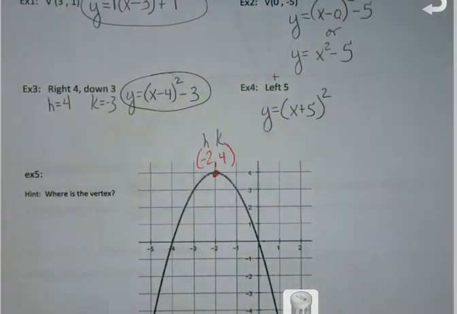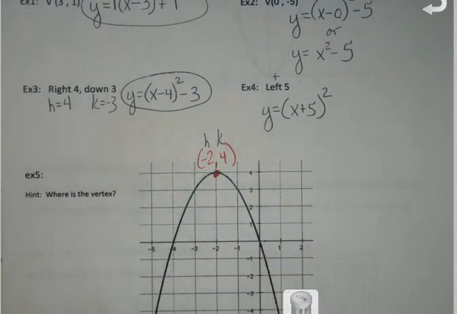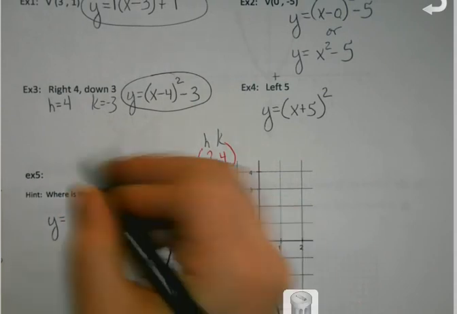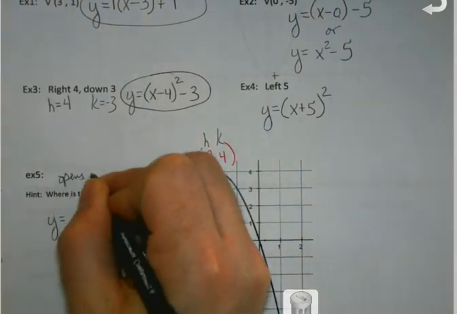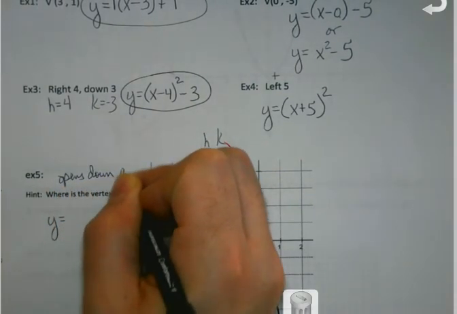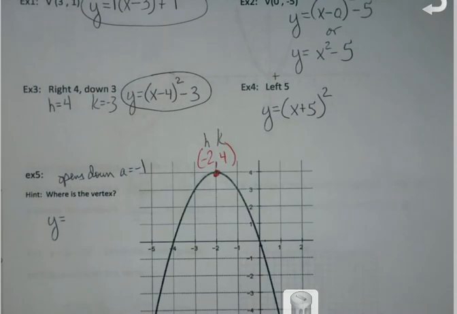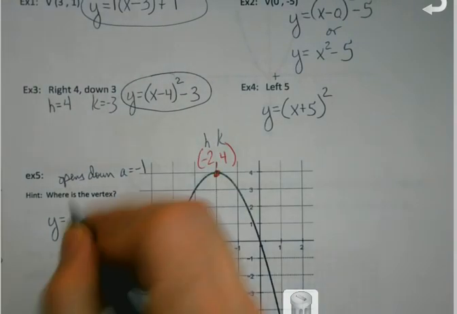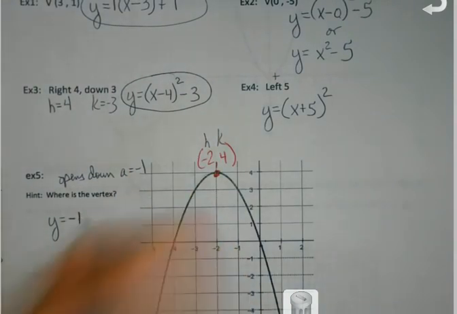But here's the difference on this one. Notice it's opening down. So if it opens down, my a value here would be -1 instead of 1. So I'm going to put a -1 in front of this.